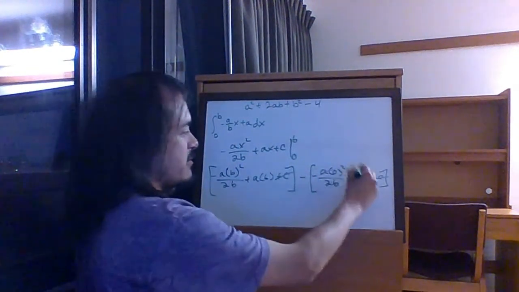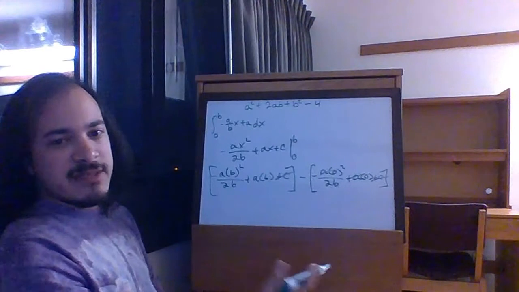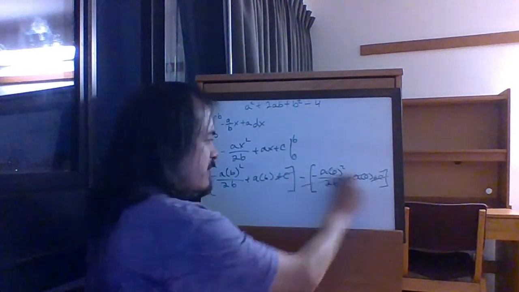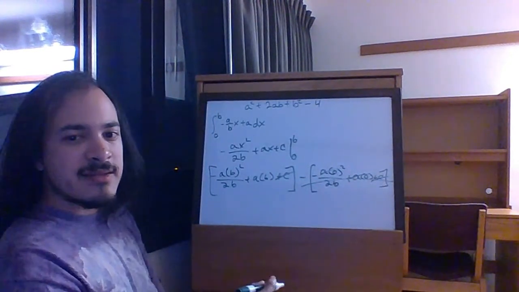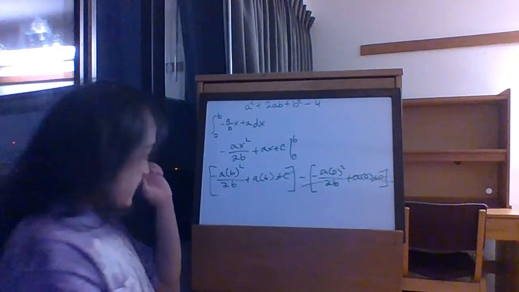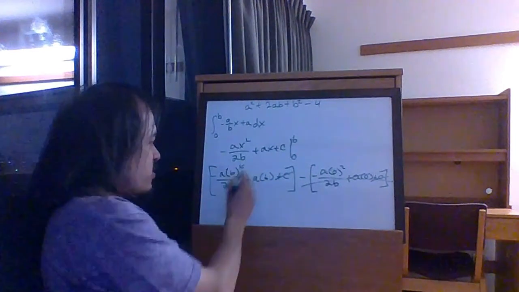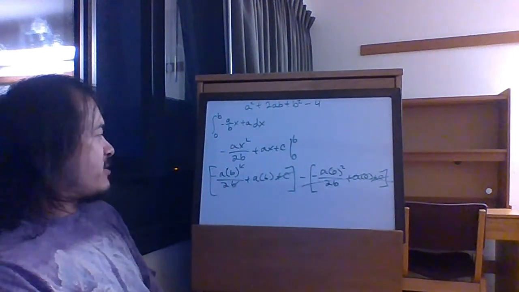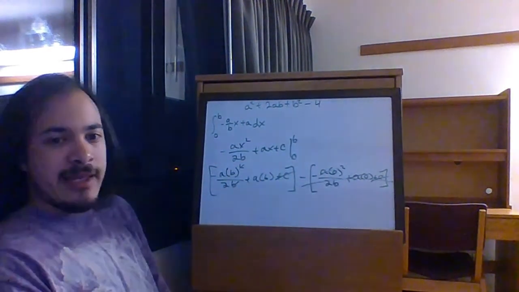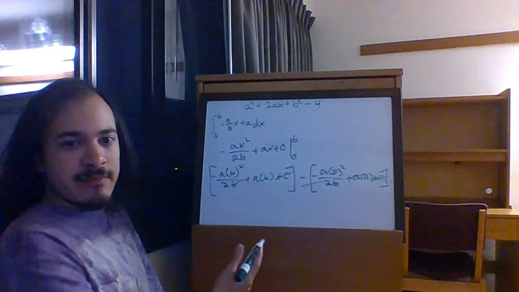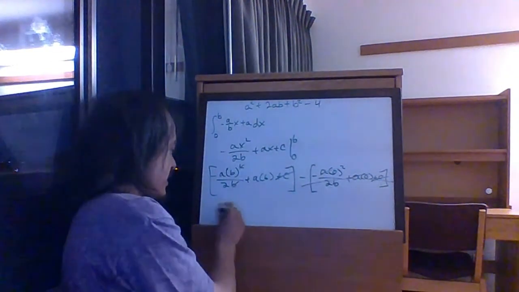And over here, the zeros make everything 0 on that side, so we don't have to worry about anything on that side, which is lucky for us. Over here, the square and the b cancel out, and that's all I can do before I have to rewrite it.